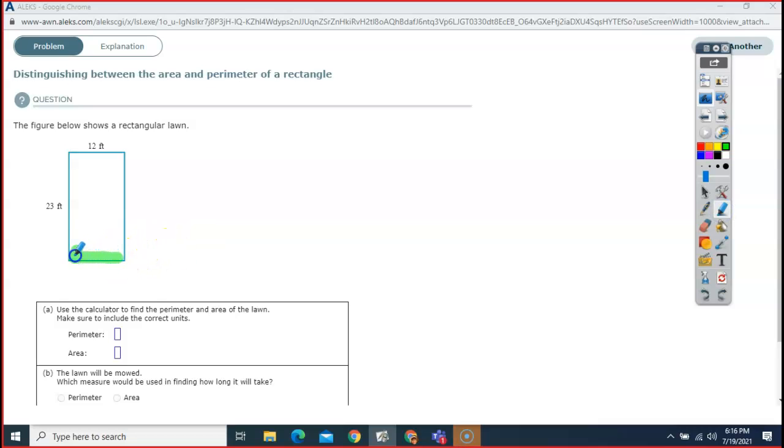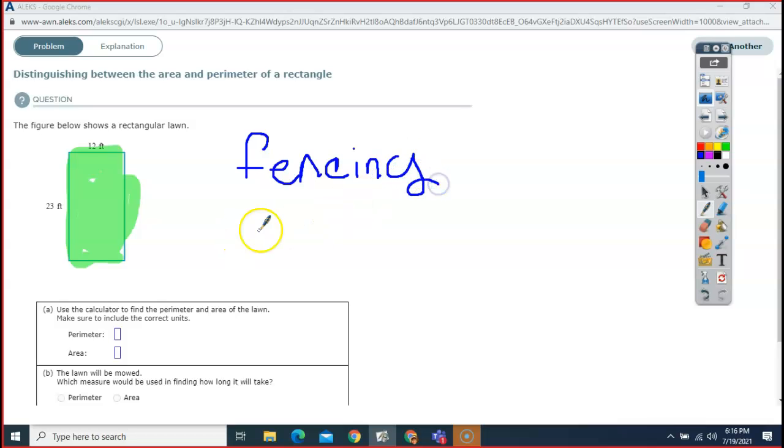I want to fill up what's on the inside of my sides. So it's a filling, like a sheet of paper. That's an area. But fencing, when you're going just around your object, is considered perimeter. So hopefully that is helpful.